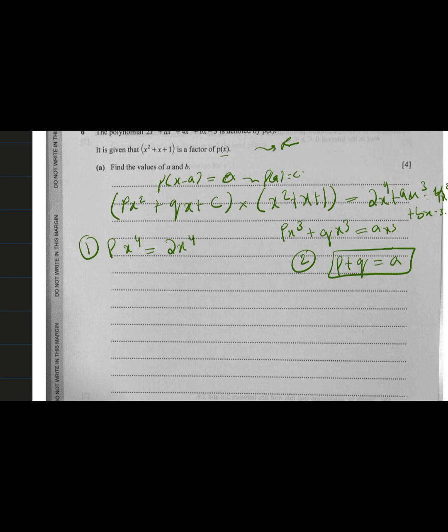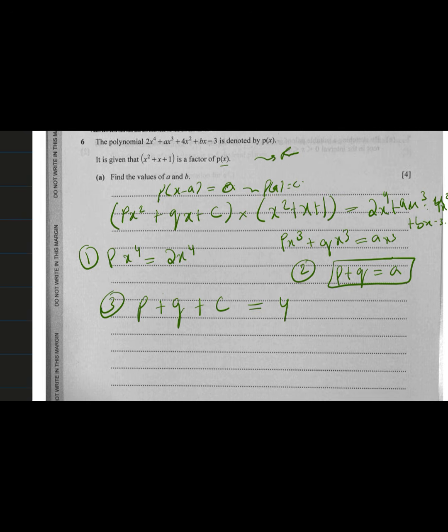The third equation we can have is px squared plus qx squared plus cx squared. So p plus q plus c would be equal to the coefficient of x squared, which is 4.